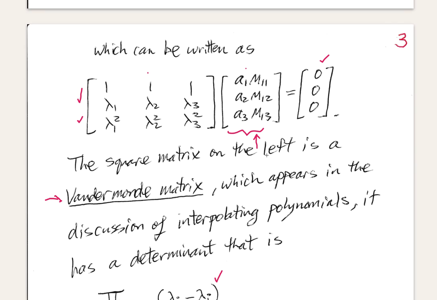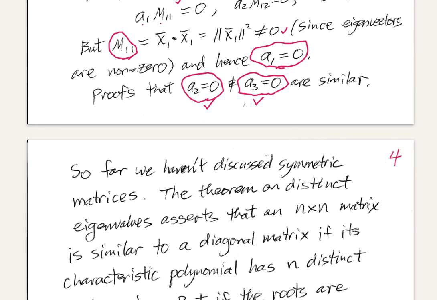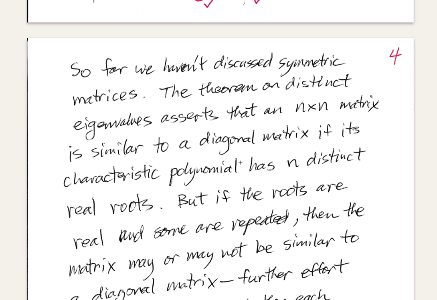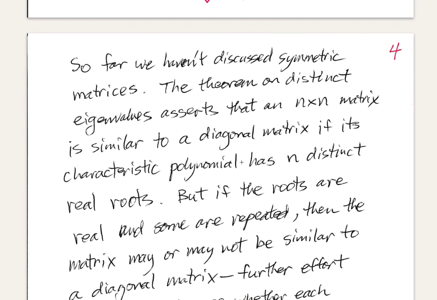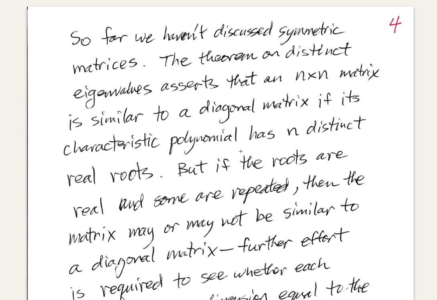Now, so far we haven't discussed symmetric matrices. The theorem on distinct eigenvalues that we just mentioned above asserts that an n by n matrix is similar to a diagonal matrix if its characteristic polynomial has n distinct real roots.